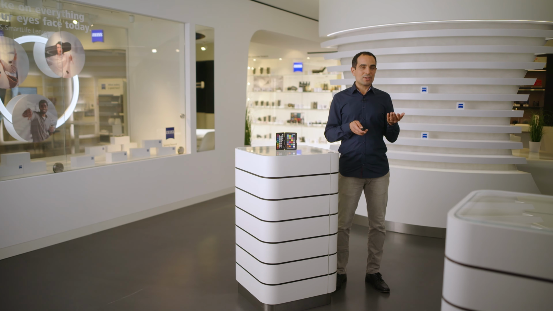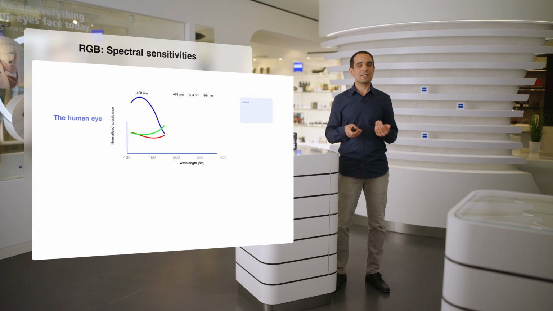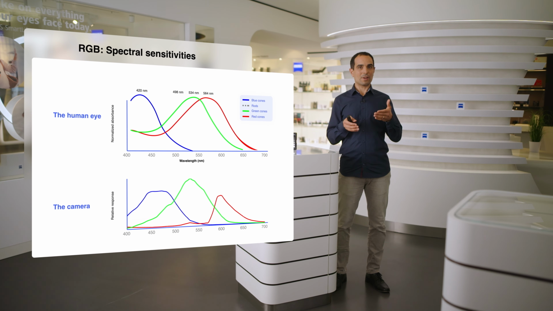So how does such a red, green, blue sensor compare to a human eye? If we look at the sensitivities of the human eye that we have already seen at the beginning, you see three curves, the blue, the green, and the red. And the green and the red curve are very close together. Now, for a typical sensor, you will have a slightly different picture.